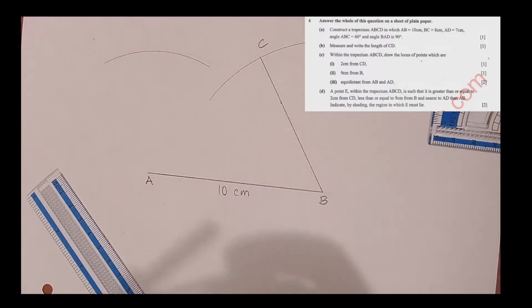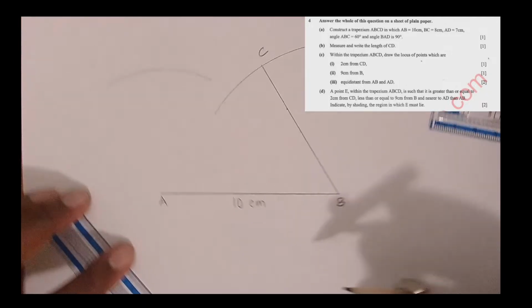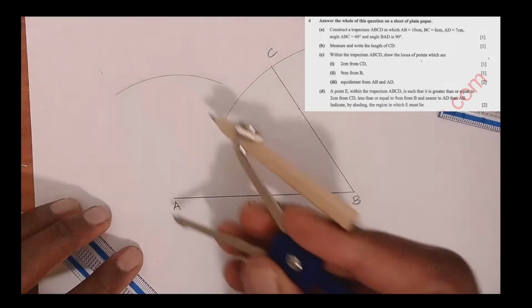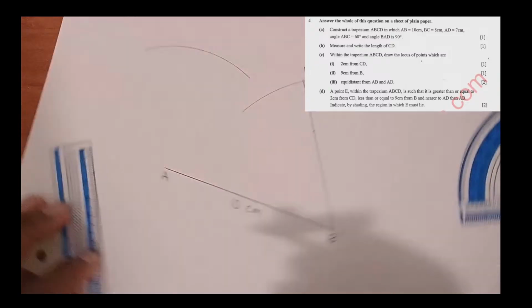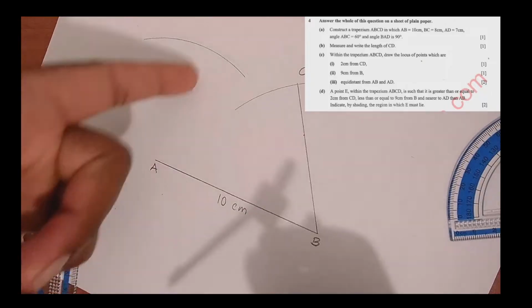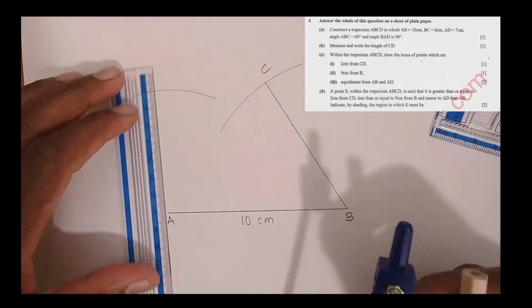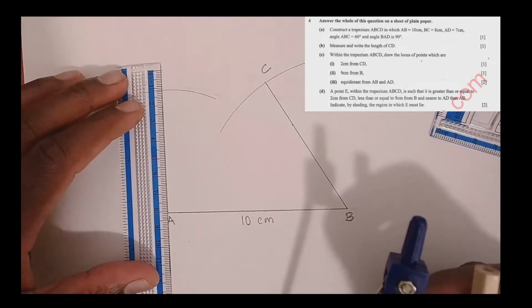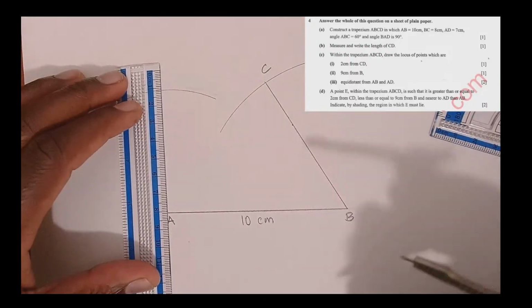Then we know that BAD is 90 degrees. So 90 degrees is at A, right? So I just need to draw a perpendicular line at 90. I mean, if you want, you can just use your ruler and connect like that, which is not good, right?